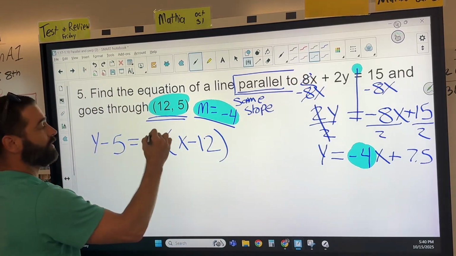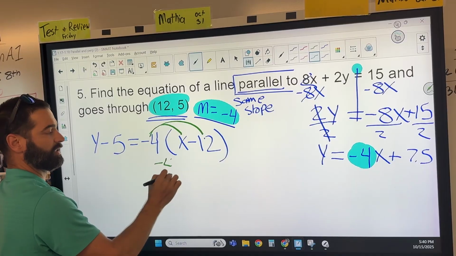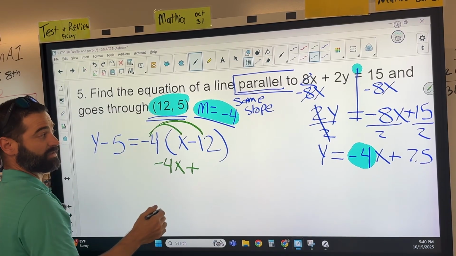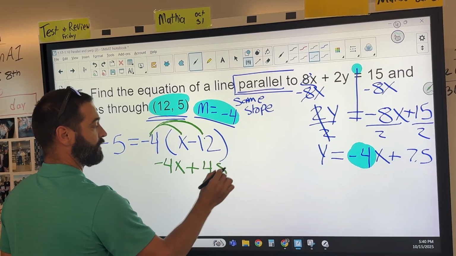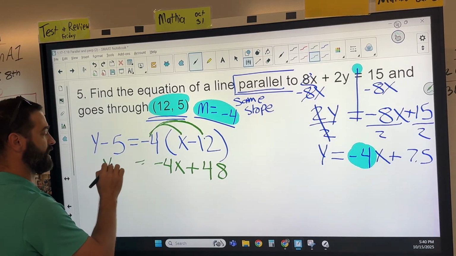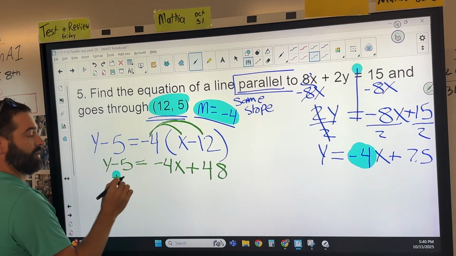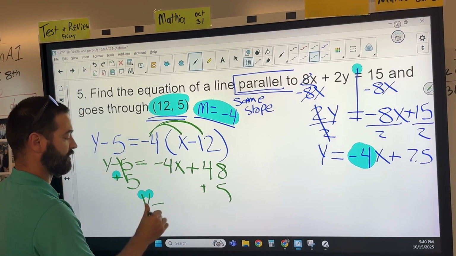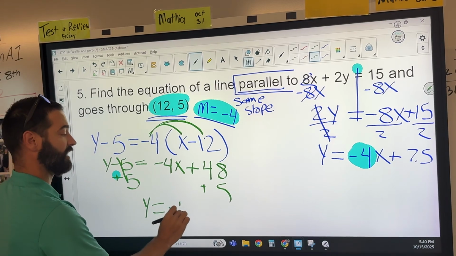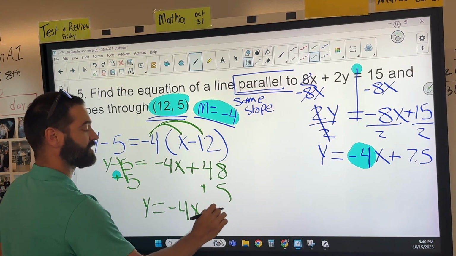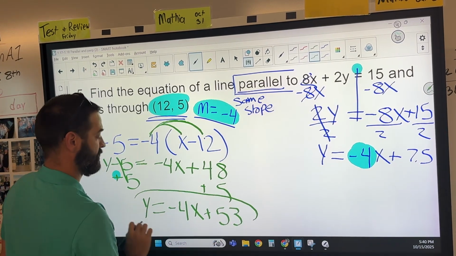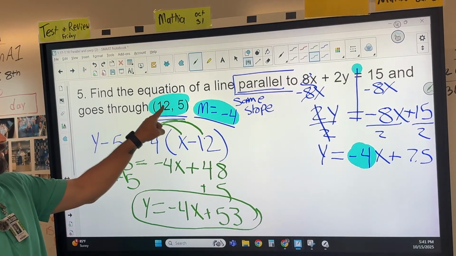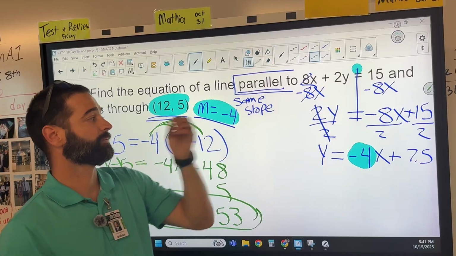So distribute the negative 4 to get negative 4x plus, because it's negative 4 times negative 12, plus 48 equals y minus 5. I want to get rid of the minus 5, so I add 5 to both sides, and we end up with y equals negative 4x plus 53. That is the equation of a line through this point parallel to that.